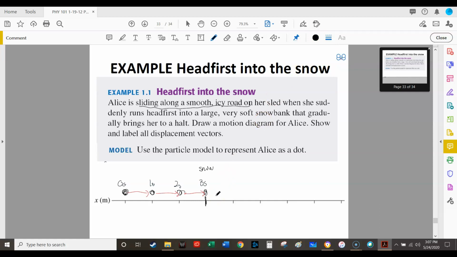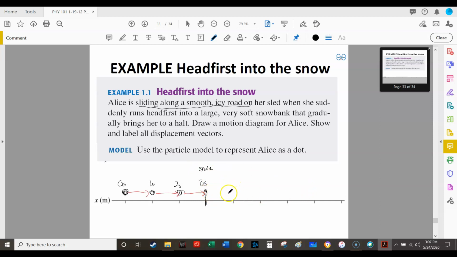Slowing down tells me that her velocity vector is going to be getting smaller over time. Or rather, her displacement vector is going to be getting shorter and shorter until she comes to a stop.